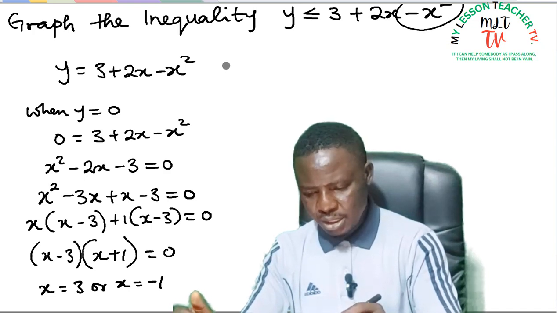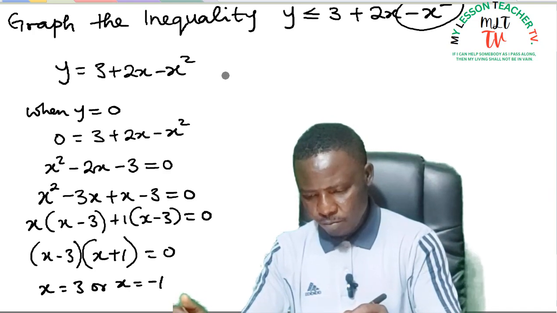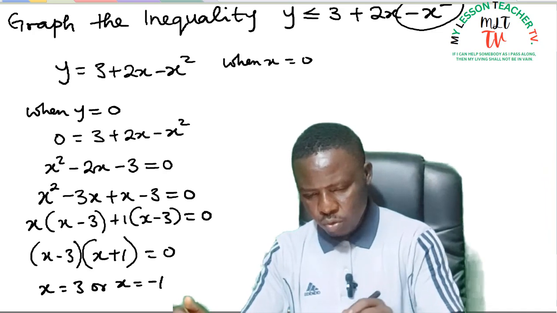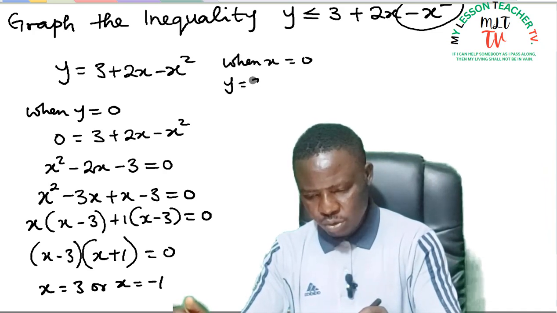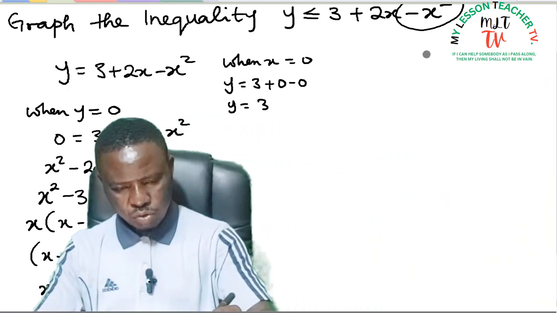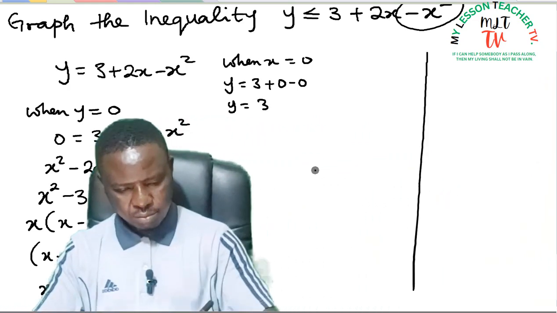Let us also determine the value of y when x is equal to 0. So I have it that y is equal to 3 plus 0 minus 0. y is equal to 3. This graph is going to look like this.